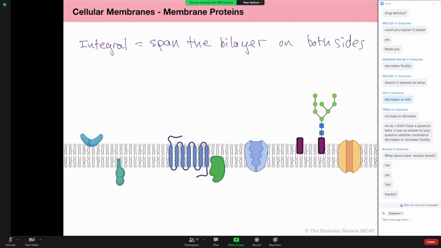Which ones are integral? This would be an integral membrane protein. There's peripheral, loosely attached to the outside.